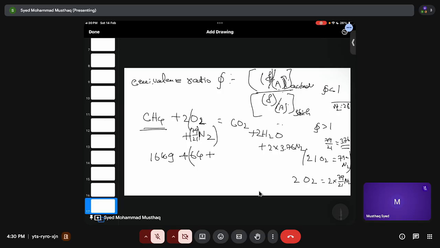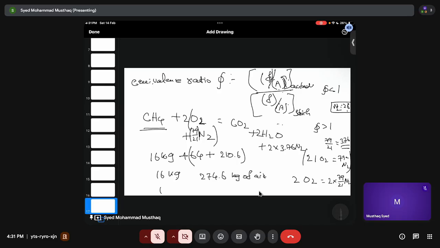Okay, and 28 times 3.76 will give me 210.6 kgs of nitrogen. So 16 kgs of fuel will require 274.6 kgs of air, right?